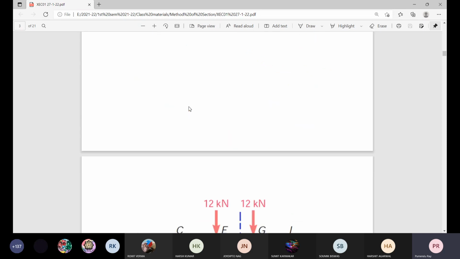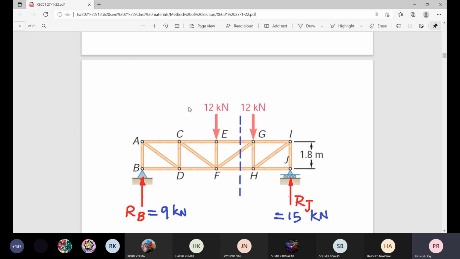Okay. Now, if we are asked to find out forces in the member FG and FH, here also the same thing. You can find out the reaction. You can consider the portion on the left with respect to this section or portion on the right with respect to this section. But how many forces are here on the right?